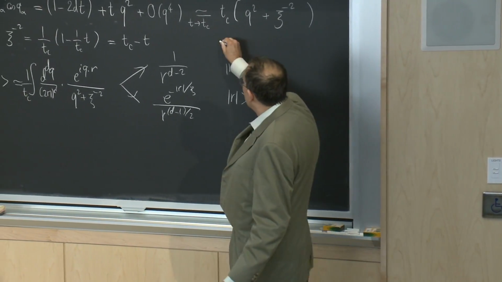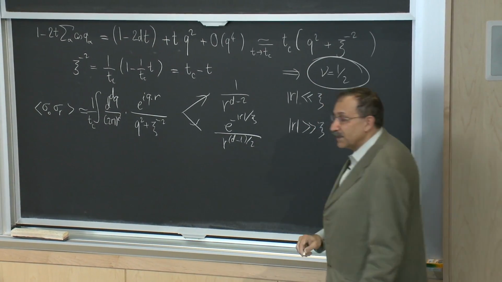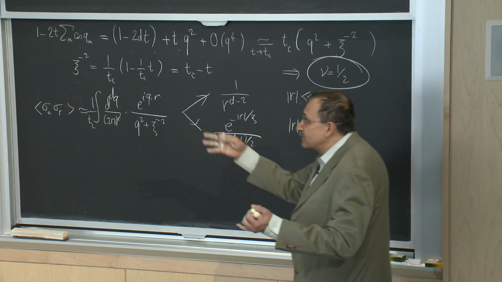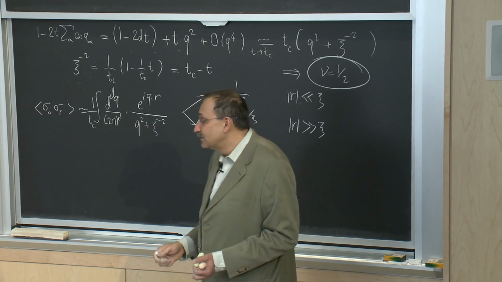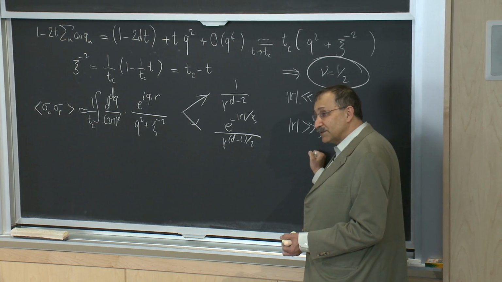So this is our usual mu equals 1/2 type of behavior that we are seeing. And somehow, by all of these routes, we reproduced some property of the Gaussian model.